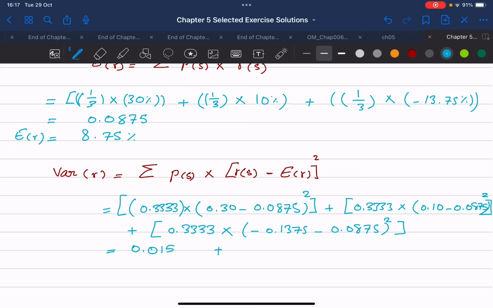Okay, plus the second term. Again, we will do this part first and then we will multiply it by the probability. Okay, so I'll open a bracket, 0.10 minus 0.0875, close the brackets and raise all to the power of 2, and then multiply that by 0.3333. Okay, let me just double check.